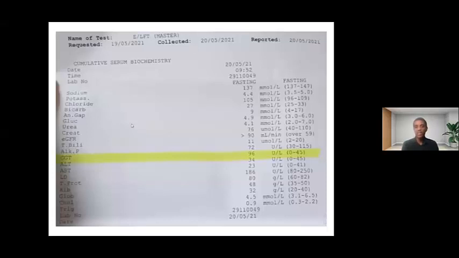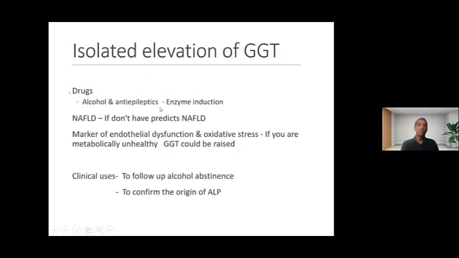It's mainly drugs like anti-epileptics and alcohol, which induce enzyme production. If you see a patient with non-alcoholic fatty liver disease, most of the time you will see elevation of gamma GT because it's a marker of endothelial dysfunction and oxidative stress.